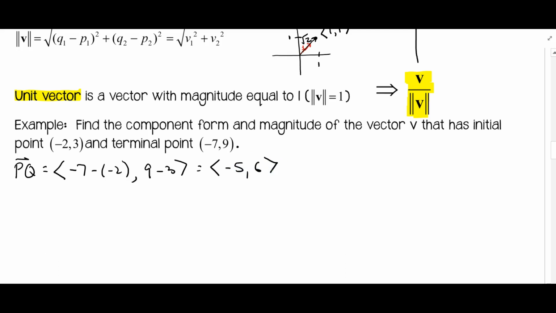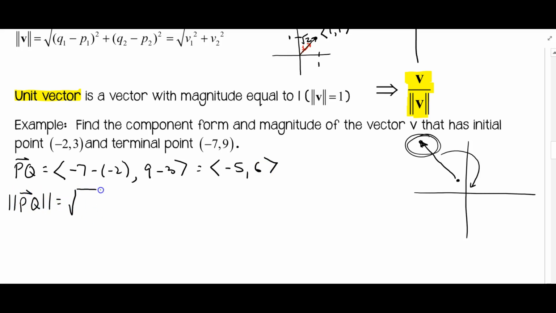Okay, so basically we had a vector. I'm just going to do a quick sketch, -2, 3 and -7, 9. So it went like this, and then we just moved it so that it started at the origin. So now this point, which used to be at -7, 9, now is going to be at -5, 6. All right, let's find the magnitude.